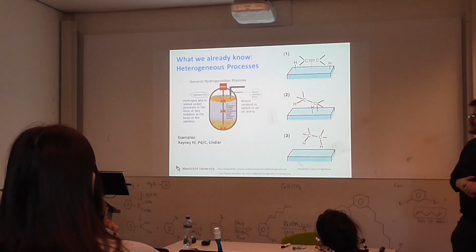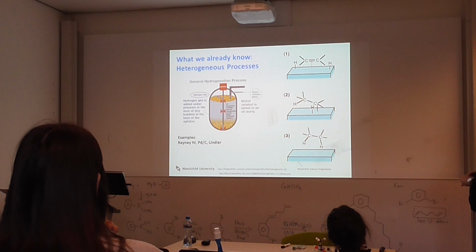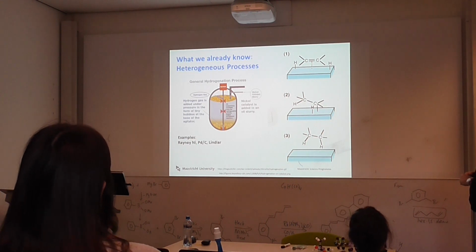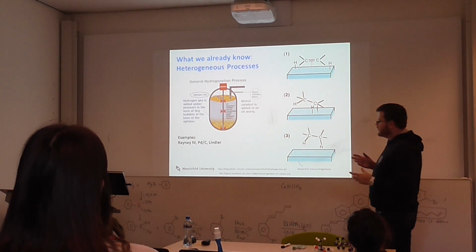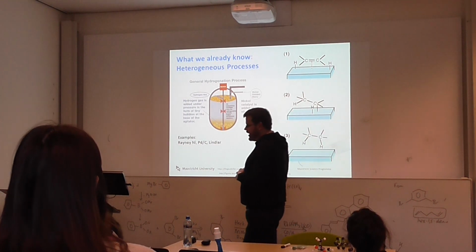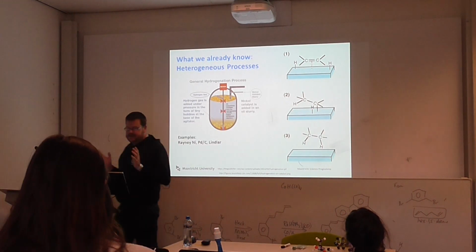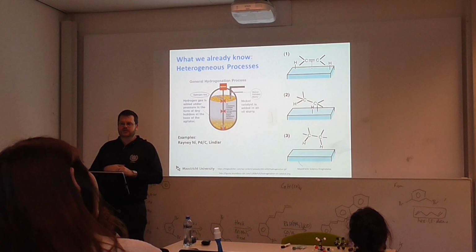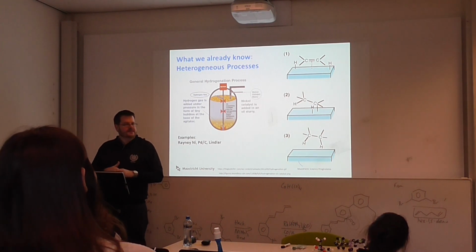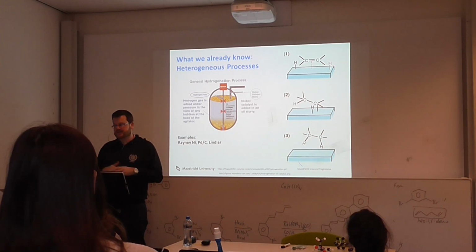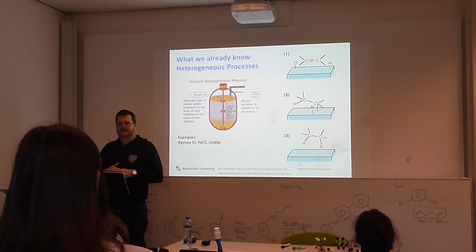So hydrogenation is a very well-known process, and it works very well with heterogeneous systems. Nickel, for example, Raney nickel, palladium/C, and there are many other examples. You can take a great deal of metals, just pressurize it with hydrogen, and have an unsaturated CC double or triple bond, and hydrogen is probably going to add.